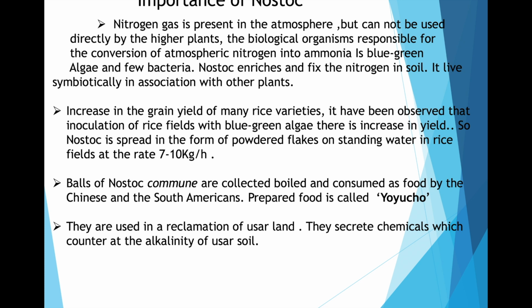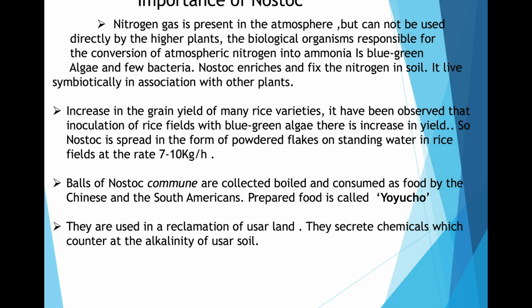Nostoc enriches and fixes nitrogen in the soil, and it also lives symbiotically in association with other plants. Like I have already told you, they are present in the coralloid roots of Cycas and in the thallus of Anthoceros.